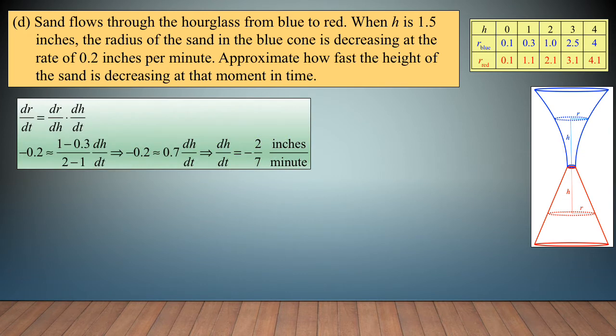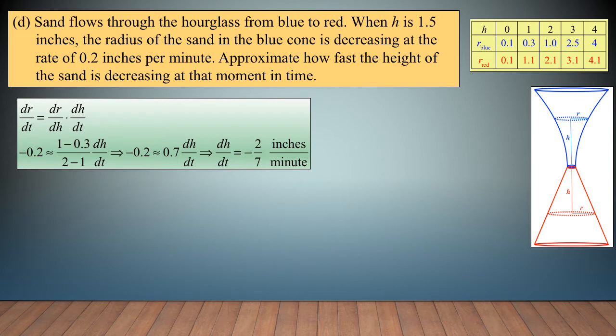This is a related rates problem, and the relationship we want is dr/dt equals dr/dh times dh/dt. We are given that dr/dt equals negative 0.2. In the blue cone, we do not have a relationship of r to h.